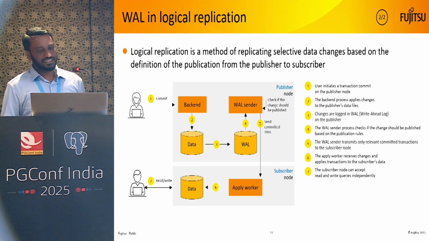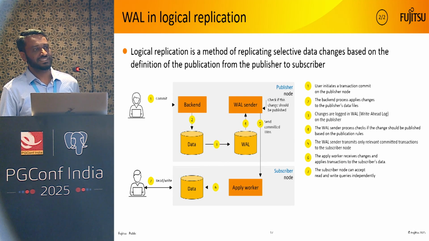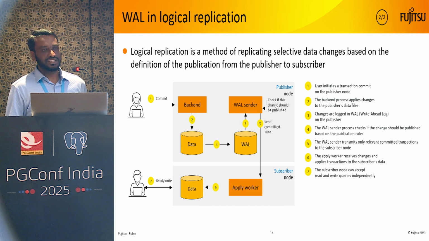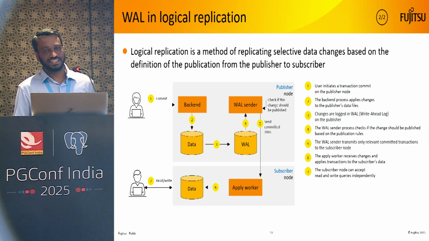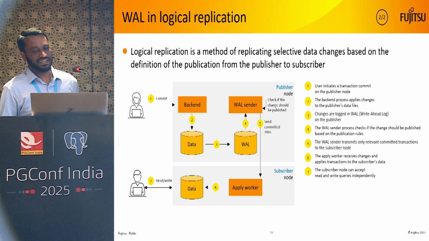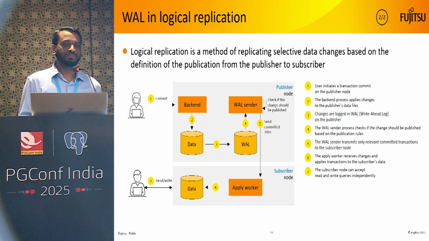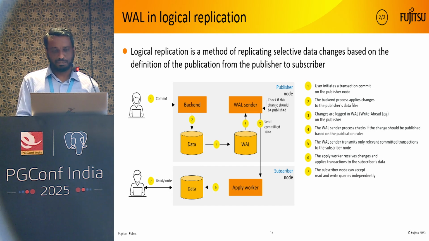Similarly, we use it for logical replication. Logical replication is similar to streaming replication, wherein we can select what data needs to be sent to the subscriber. Another advantage here is you can also perform write operations in the subscriber. The top part of it is the publisher node.